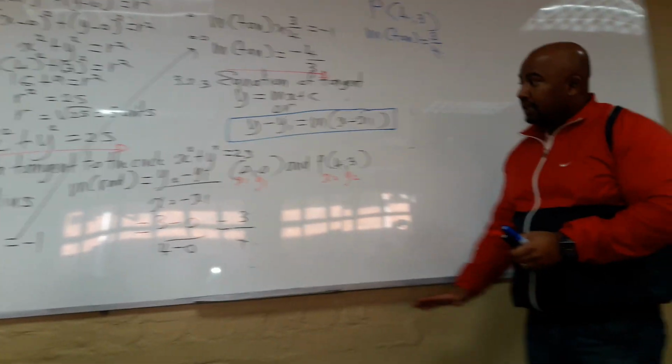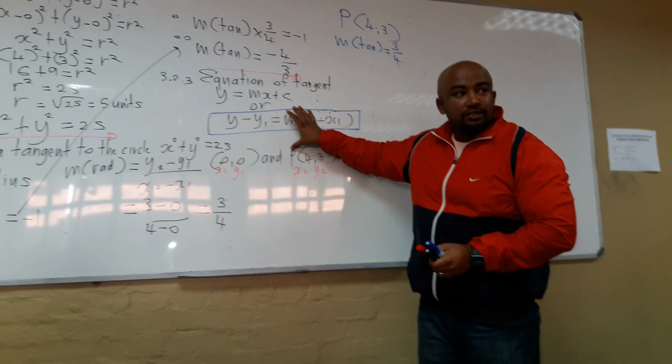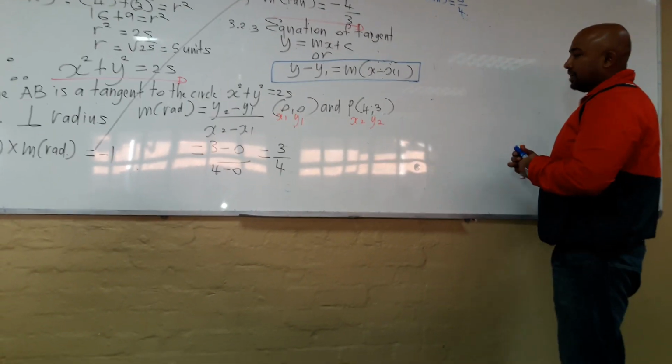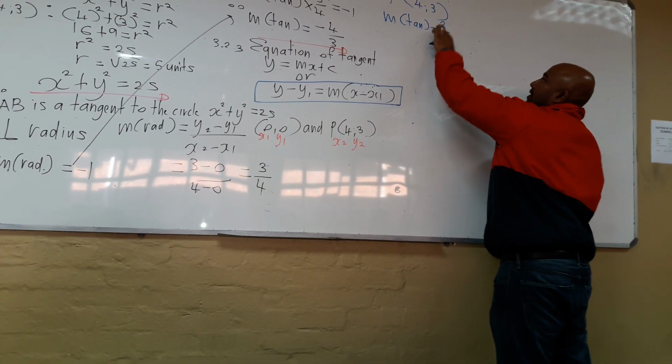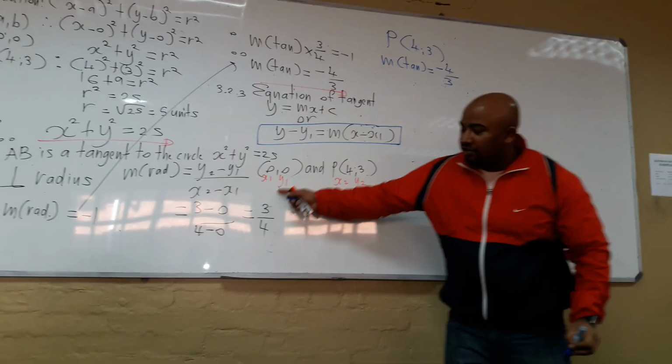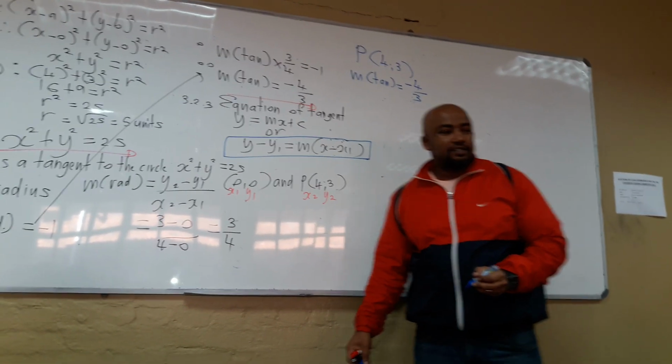So if I am using this equation, I am not substituting... sorry, what was that? Not 3 over 4, minus 4 over 3. Looking at the wrong thing there. That is minus 4 over 3. 3 over 4 was the gradient of the radius.